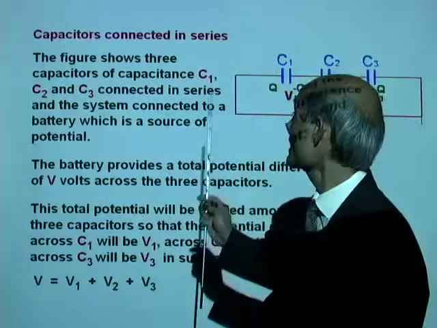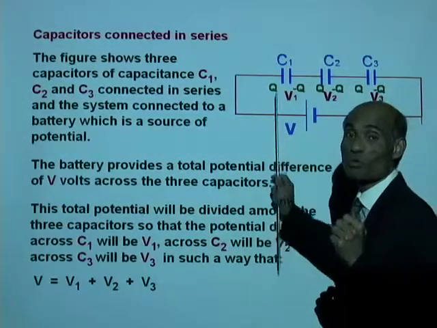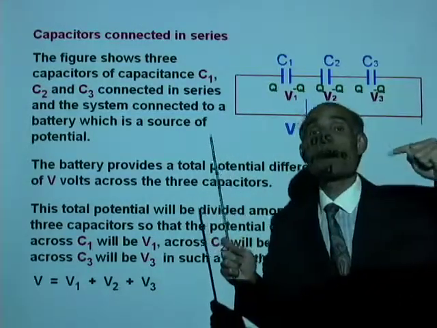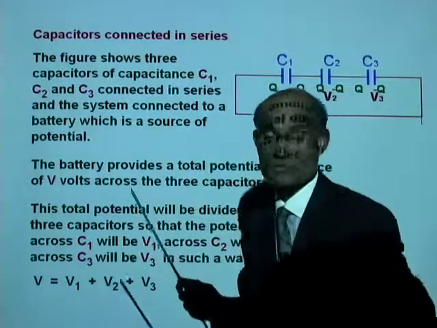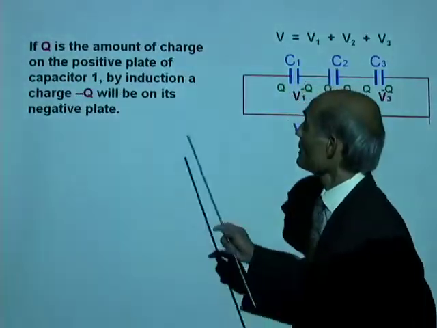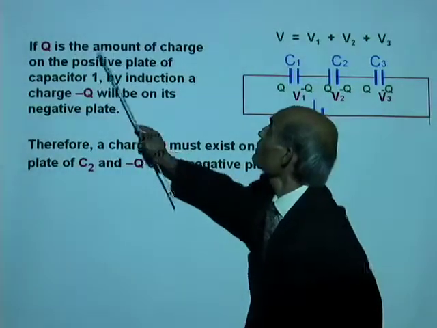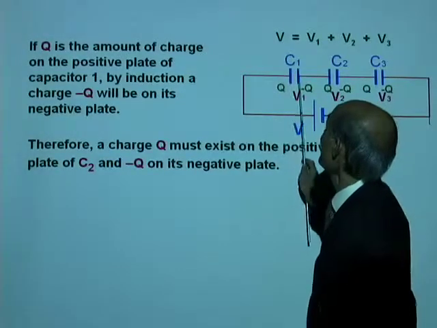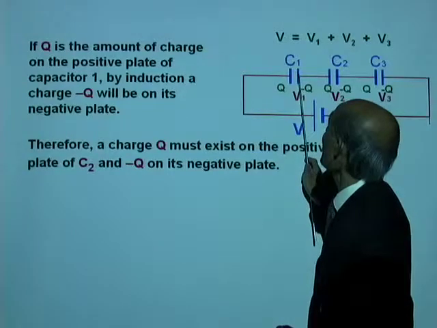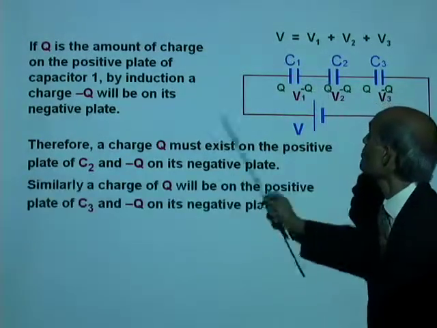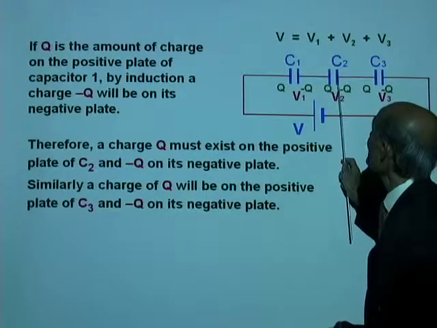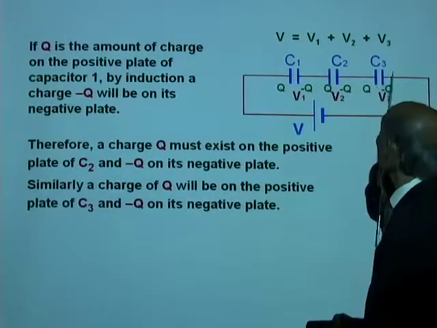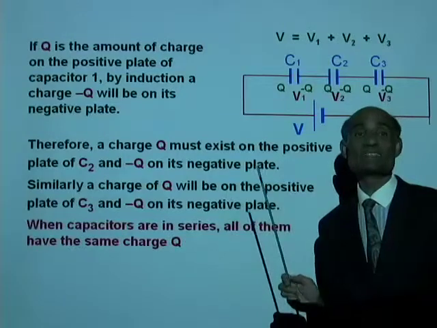When capacitors are connected in series, the total potential divides among the capacitors, but the total charge will remain the same throughout the circuit. Therefore, you can see if Q is the amount of positive charge on capacitor 1, then it will have a negative Q on the negative plate and a positive Q on the second capacitor and negative Q. Similarly, positive Q will be on the positive plate of the third capacitor and negative Q on its negative plate.